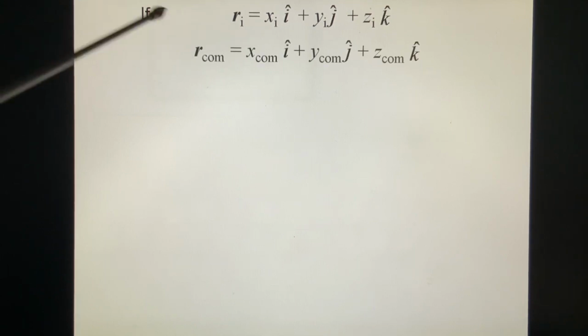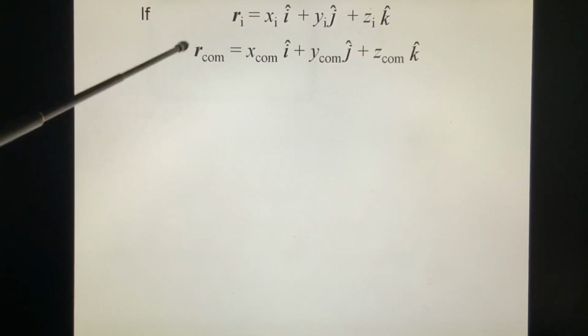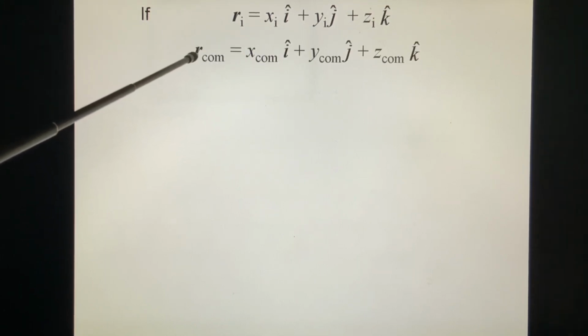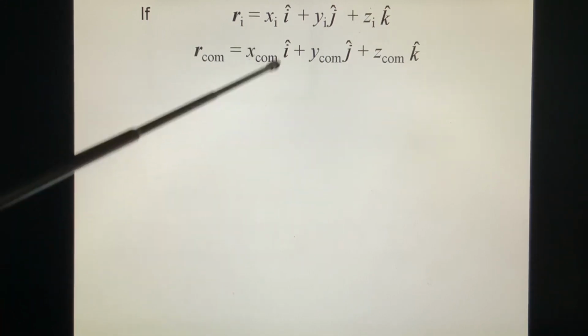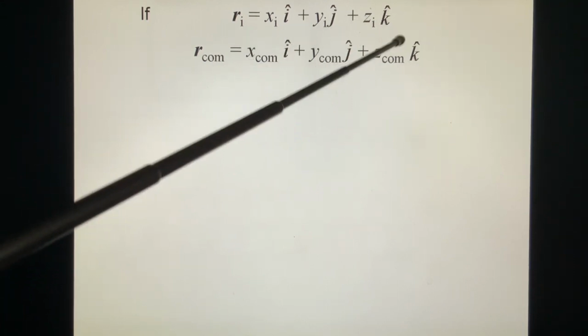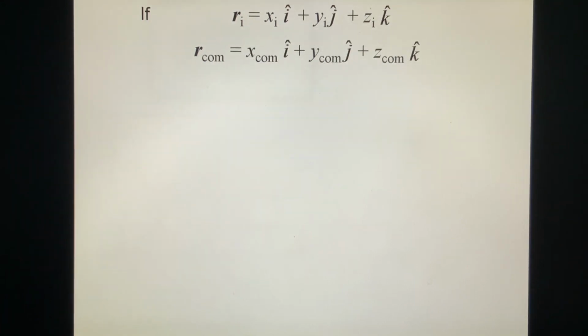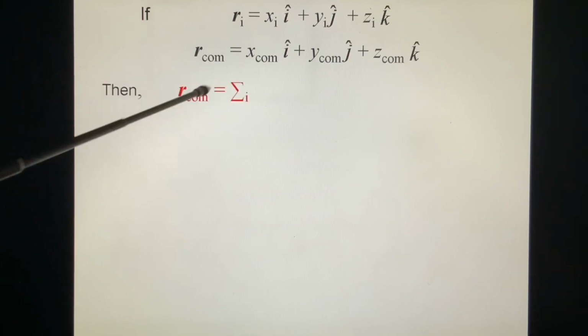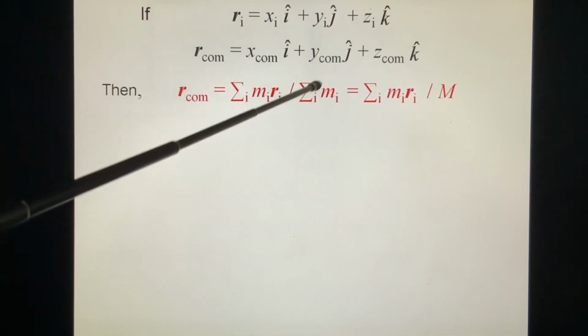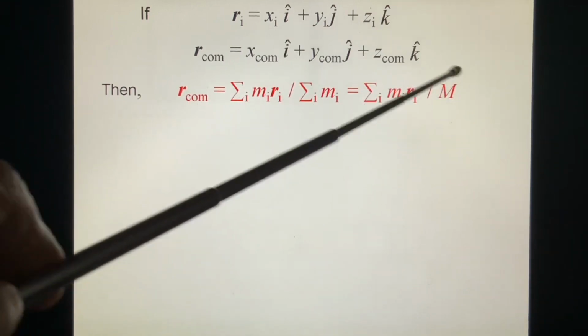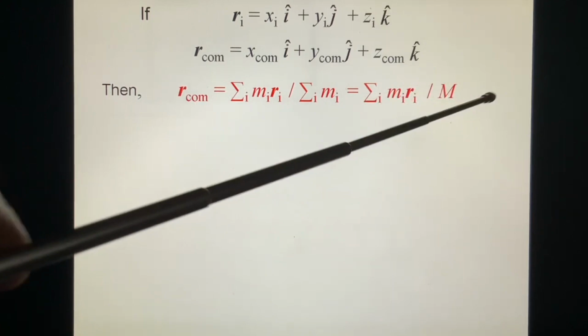And the center of mass location is R. It has three components, x i, y j, z k. Based on the above definition, we have R equals sigma mi ri over sigma mi, and sigma mi equals the total mass of the system. So we have this one.